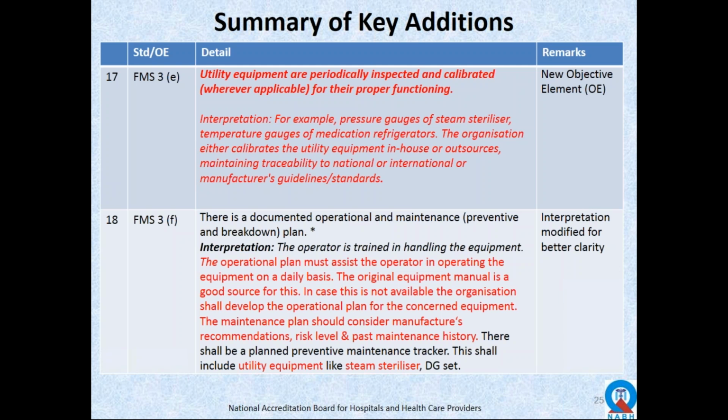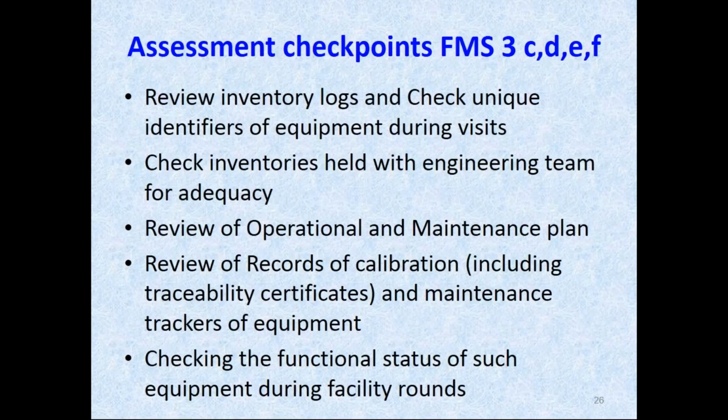When we are looking at the assessment checkpoints for the FMS 3 CDEF, which is looking at general engineering, we need to look at the review. We need to review the inventory logs and check whether the equipments have unique identifiers. When we are going around during visits, during facility rounds, we need to check whether each equipment is uniquely identified, whether the engineering team has all the required inventories relevant to their maintenance activities.